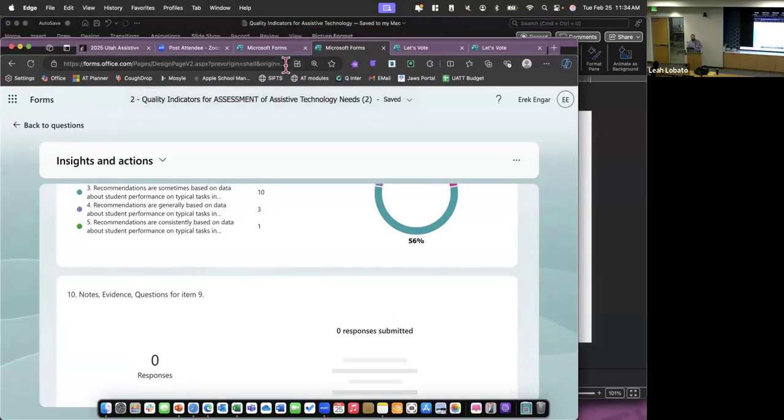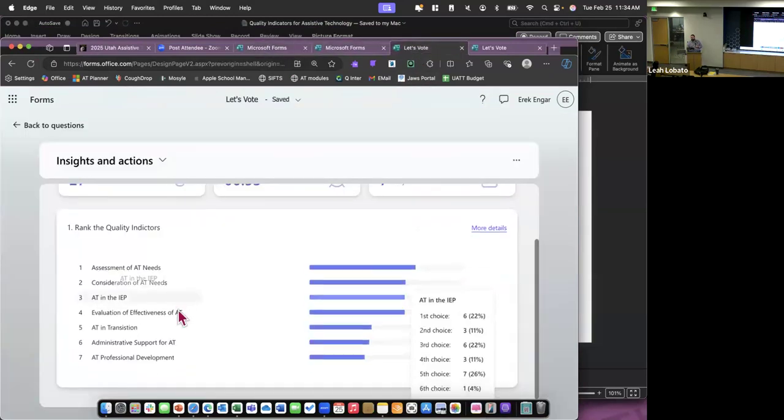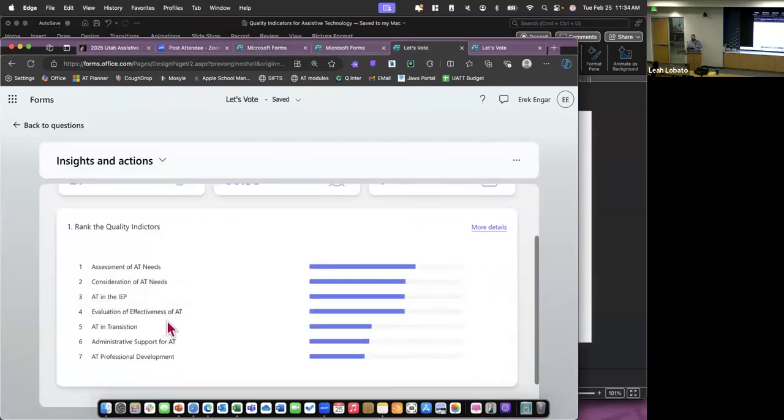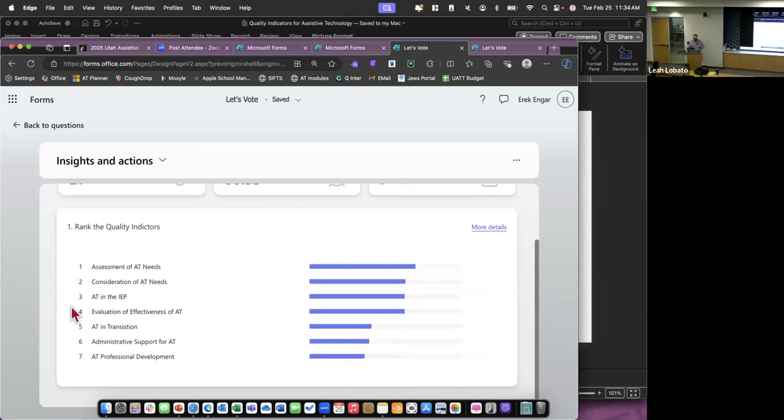So let me go back to our vote. We have a three-way tie. So this is where hand raising is going to come into play, you guys. Consideration of AT needs, AT in the IEP, or evaluation of the effectiveness. So we're just going to go back of the napkin, how this feels. Consideration of AT needs, if you want that one to be the next one we talk about.